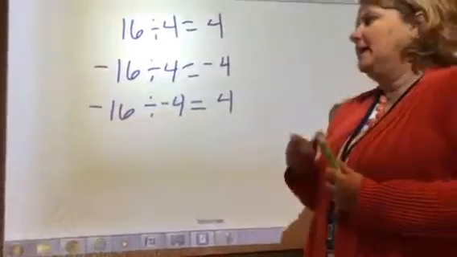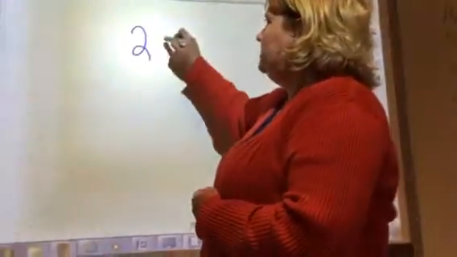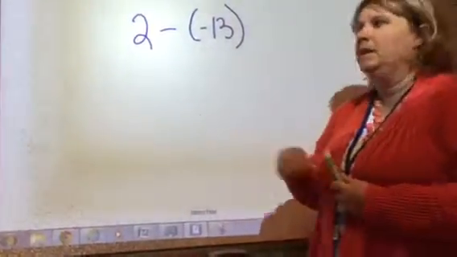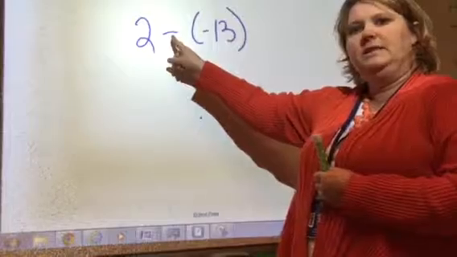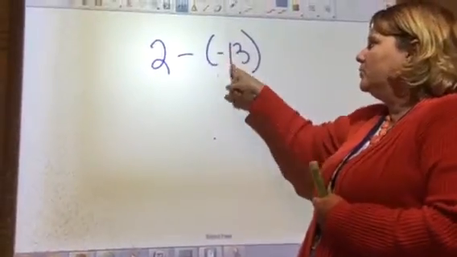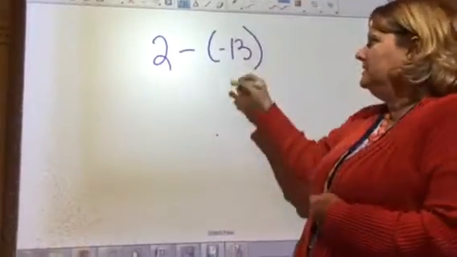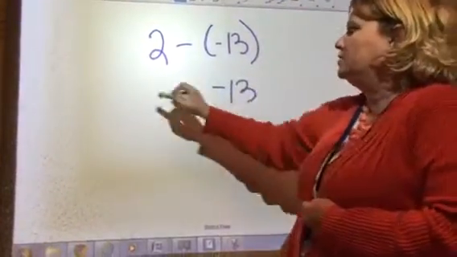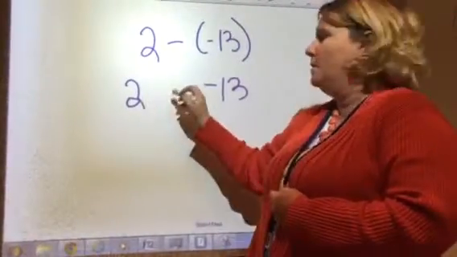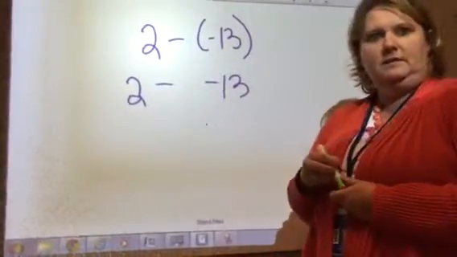Okay? So let's go back to subtraction really quick, just to remind you. I am going to subtract this number. The subtraction sign here tells me that I am taking something away. My parentheses around it tell me that this number is not going to change. So I end up with a funny little saying of 2 minus 13.